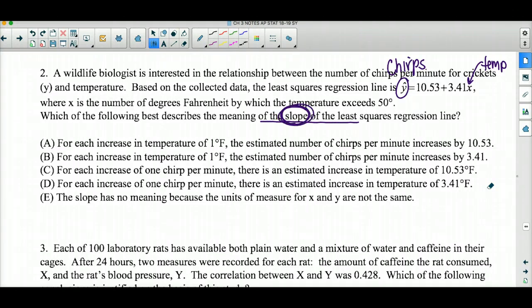So we need to talk about slope, and that's in your PowerPoint that I gave you today. So you're reading these. They're wordy.